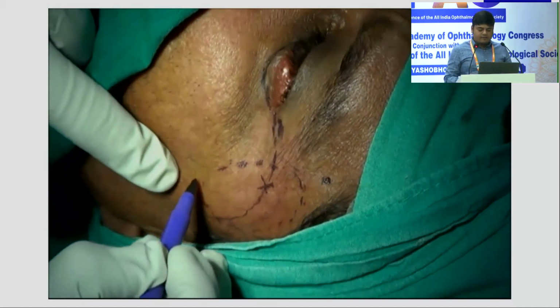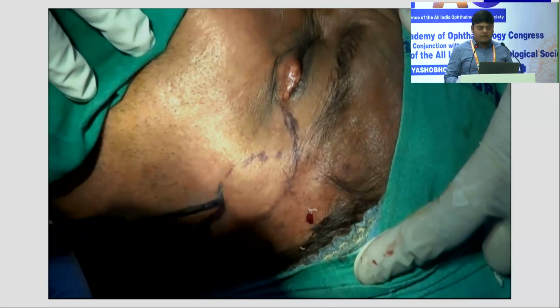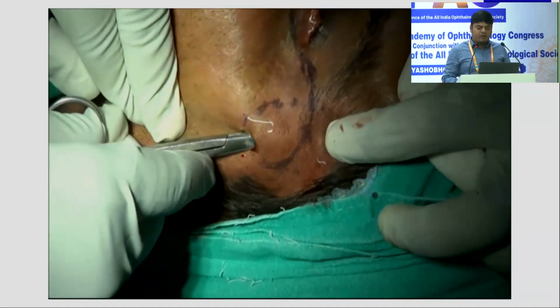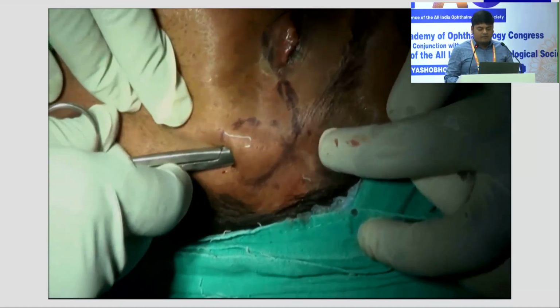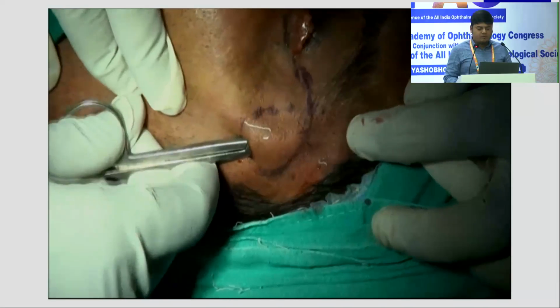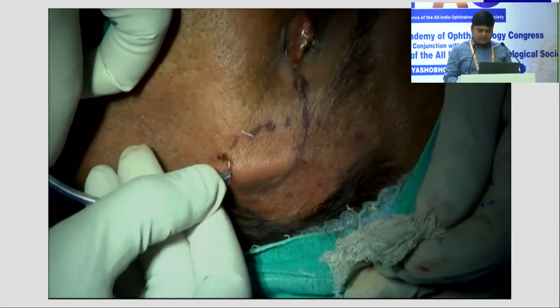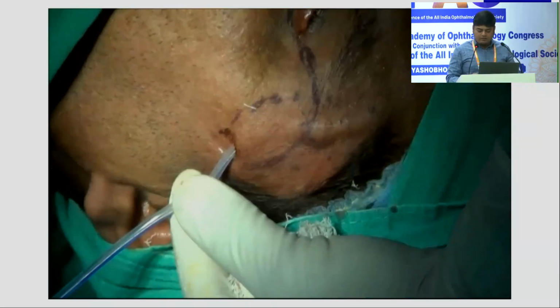As the balloon of the silicone Foley's catheter is placed 1 centimeter down from the tip, we have to plan for insertion up to 1 centimeter beyond the area of expansion. Now please note that after incision of the skin and muscle up to the periosteum, the scissors we are using for the dissection are not being opened up.